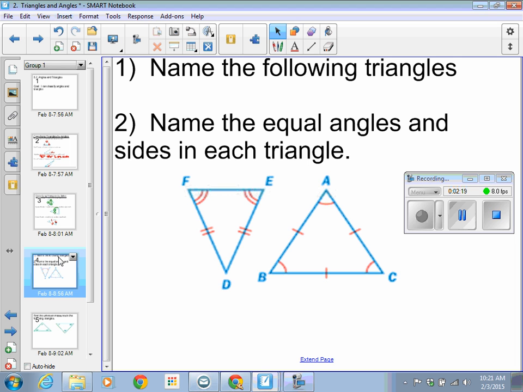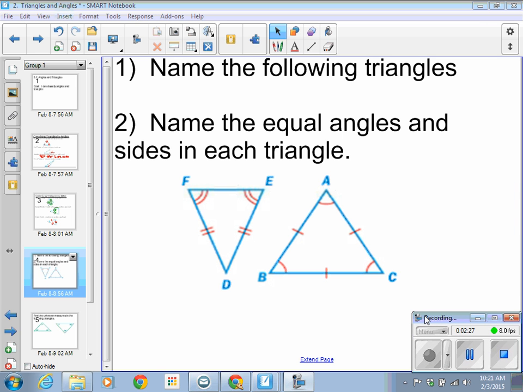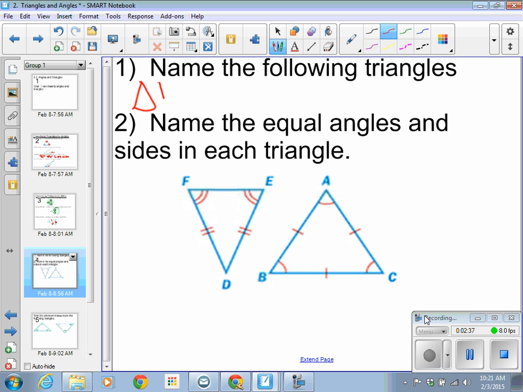Now, what's important for us to do is to name triangles. Know how to name triangles, know how to name their sides and their angles. And we simply name them by their vertices. So, the triangle right here on the left, we're going to call it triangle FED, named for the three vertices.